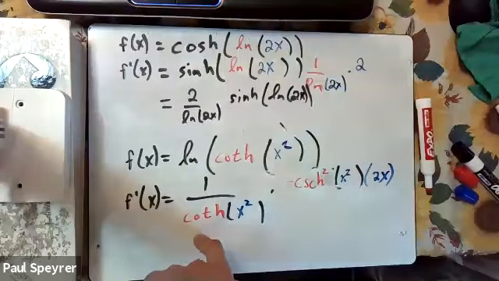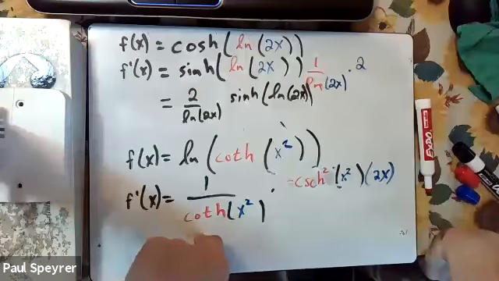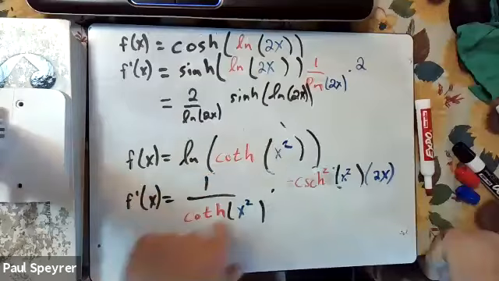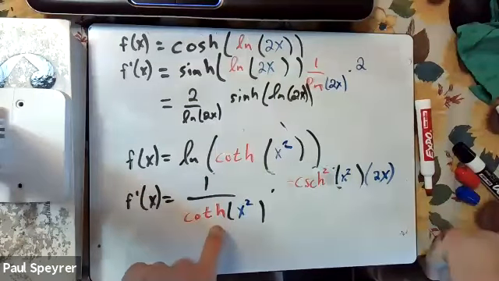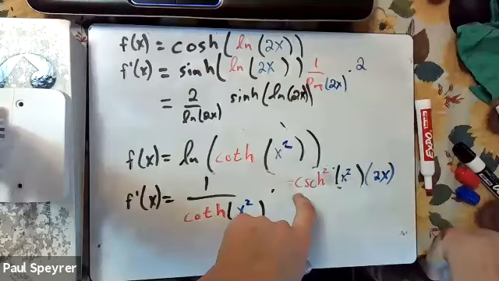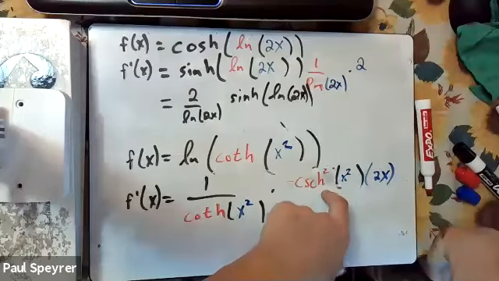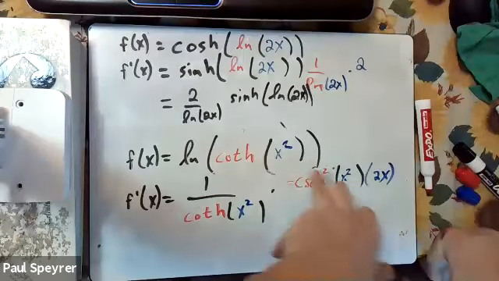The derivative of hyperbolic cotangent is negative hyperbolic cosecant squared of x squared in this case.